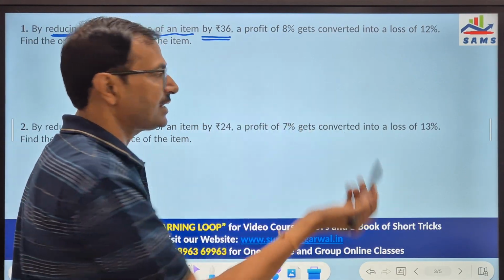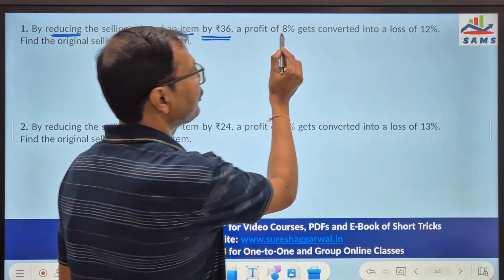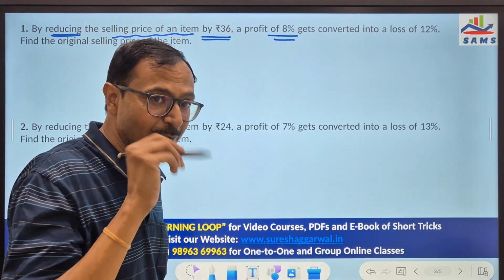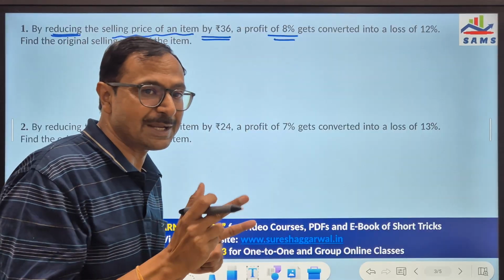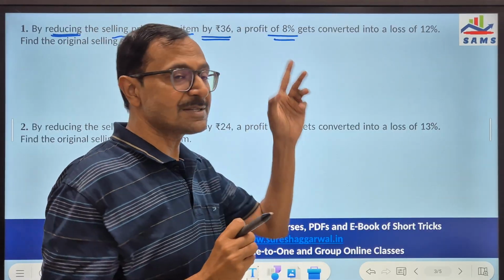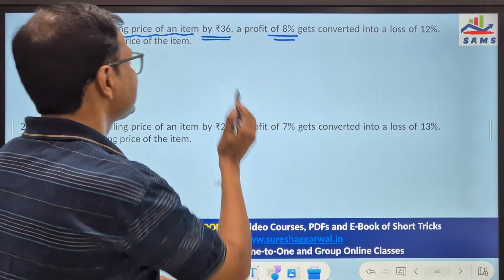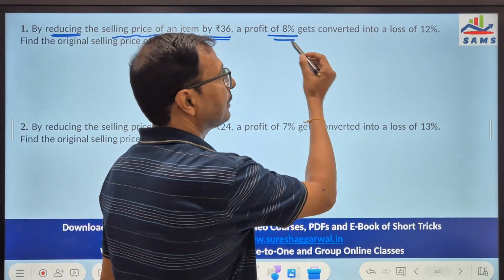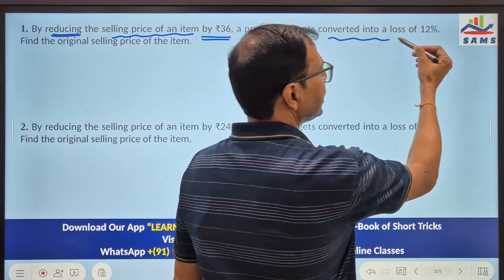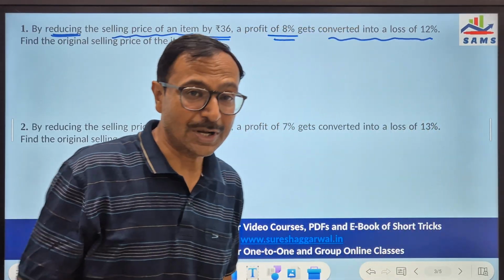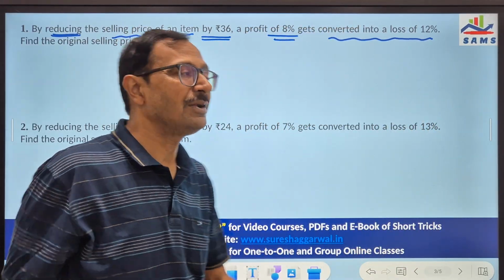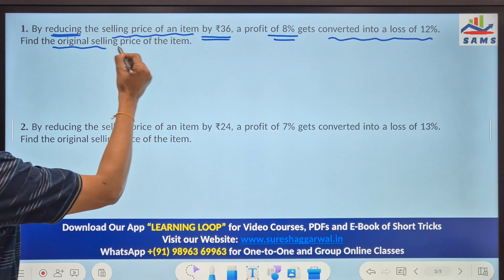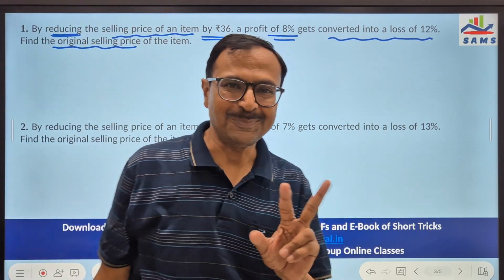It is reduced by 36 rupees and the profit of 8%. This is the original thing. When the original selling price was there, it was getting us a profit of 8%. Now the selling price reduced by 36 rupees and so the profit of 8% got converted into a loss of 12%. And we need to find what was the original selling price of the item.